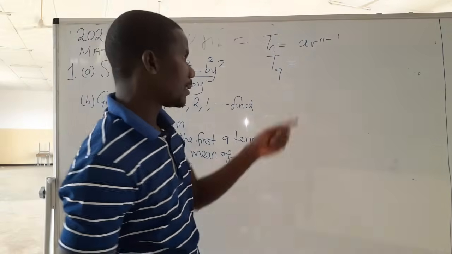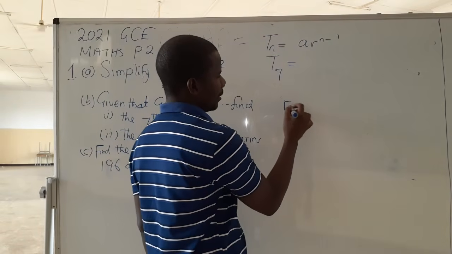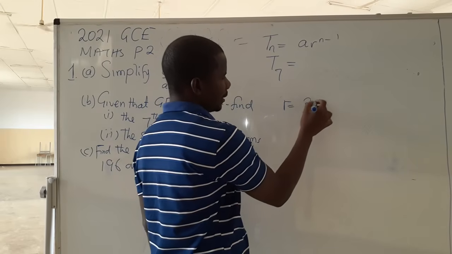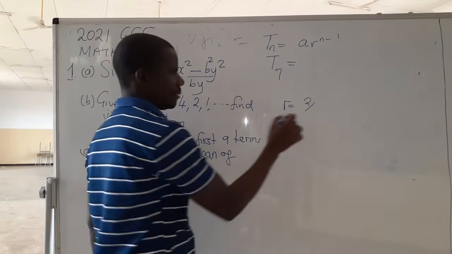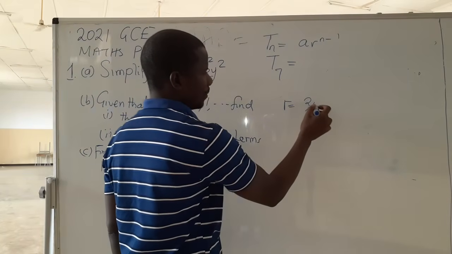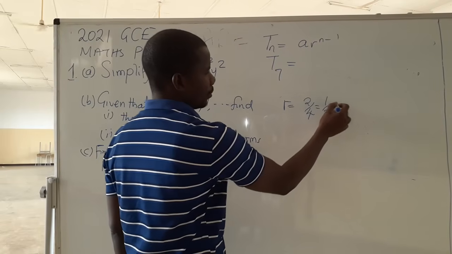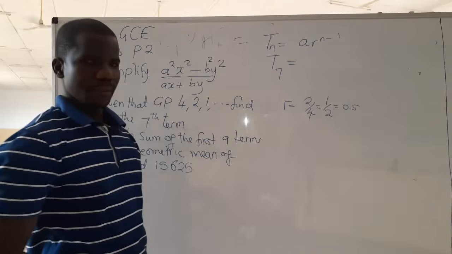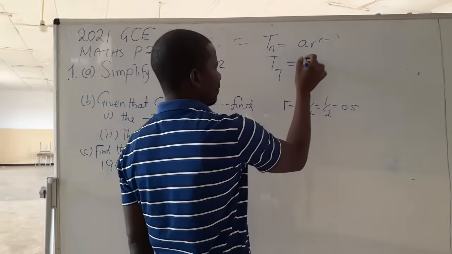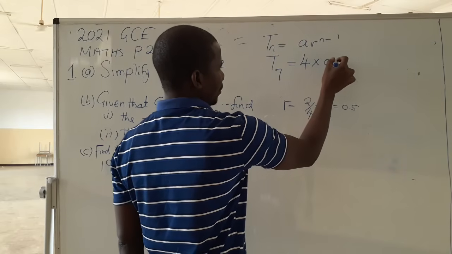And we don't know what our common ratio is. So we need to find our common ratio as the second term, which is 2, divided by the first term. This is just the same as 1 over 2 or 0.5. So our first term is 4 multiplied by 0.5.